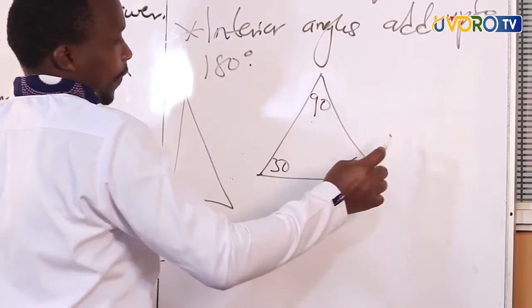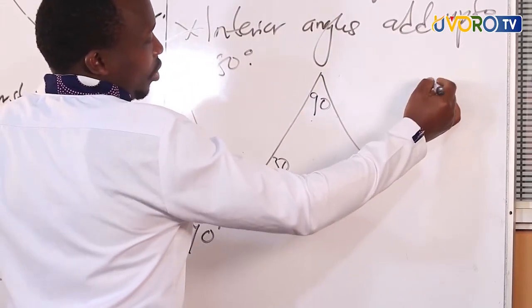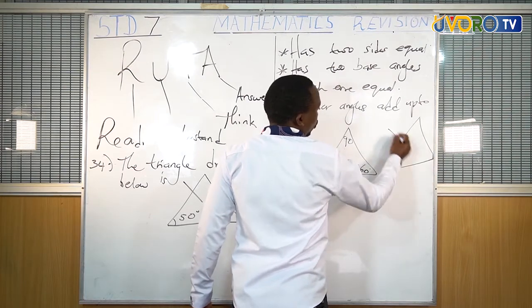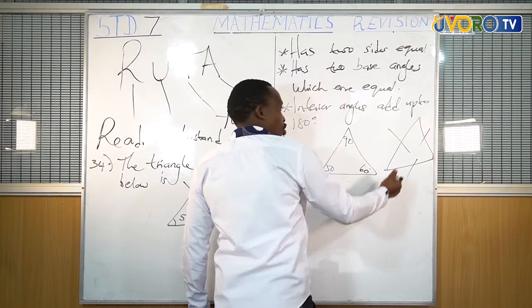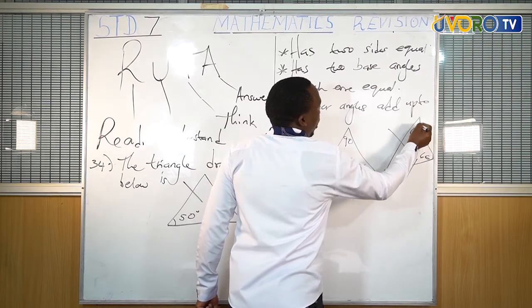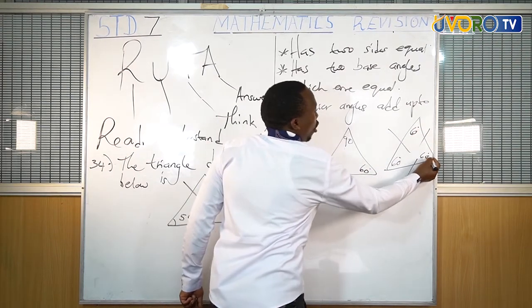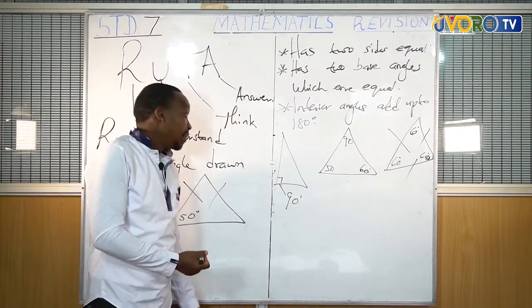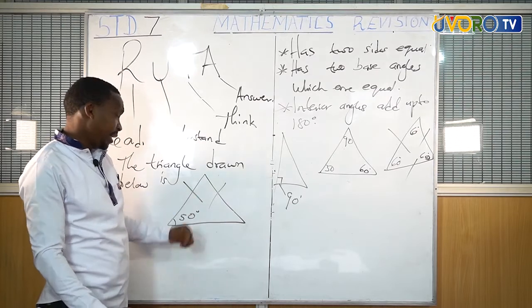We also have another triangle that looks like this. This one is called an equilateral triangle, whereby all the angles are equal, all the sides are equal. But now we have this figure.